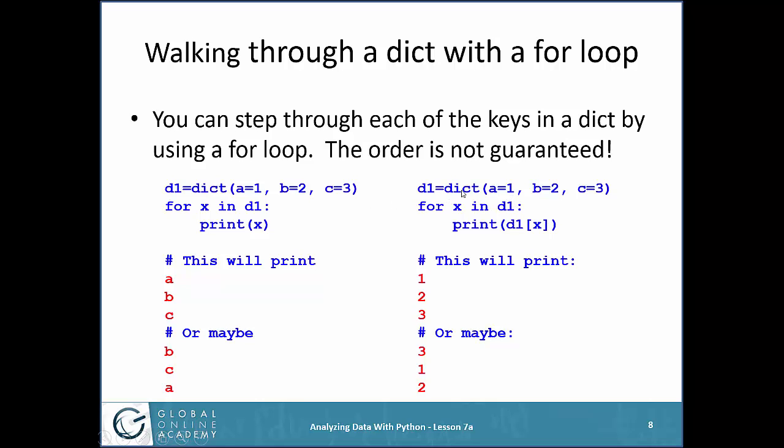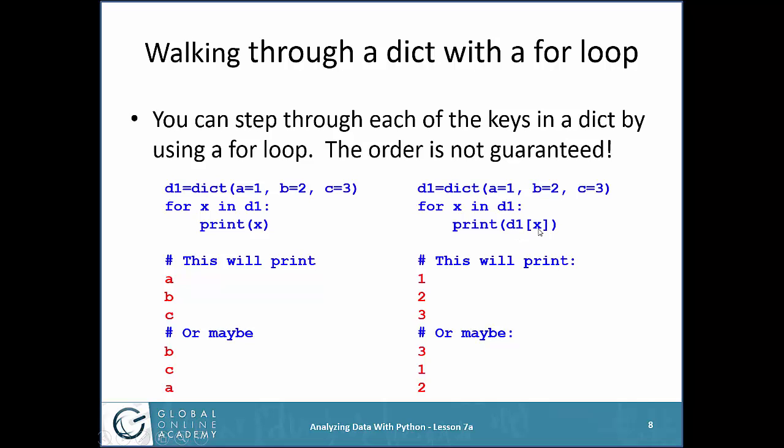Here's something similar. D1 equals dict, A equals 1, B equals 2, C equals 3. So it's the same dictionary, but now I don't want to print the keys out. I want to print the values associated with the keys. So if I do for X in D1, X is the keys, and I do print D1 sub X. That says, okay, maybe X is A the first time through the loop.